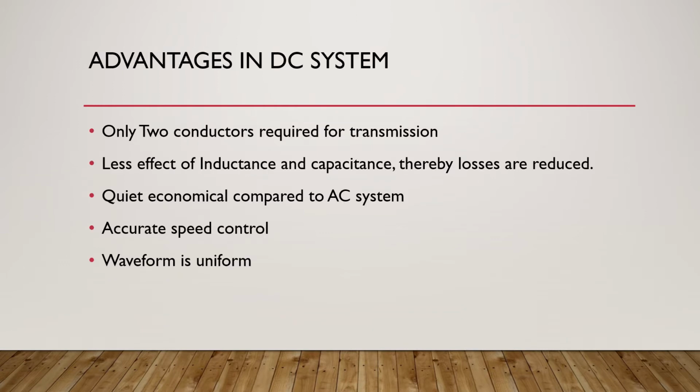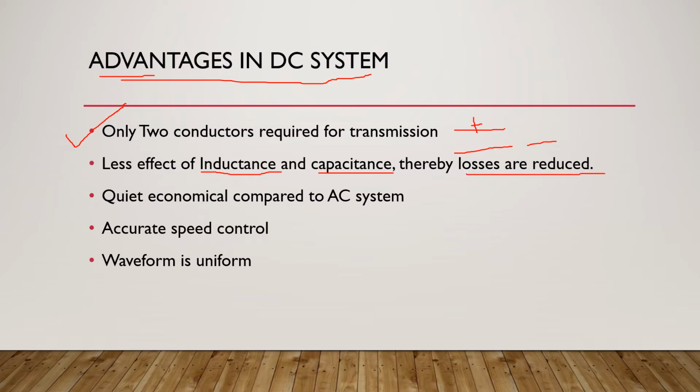So first, let us begin with the advantages of a DC system. What are the advantages? The first one, as everyone generally knows, is that only two conductors are required for transmission. One is for positive, and the other is for negative, right? And as you are using the DC system, you don't have the effect of inductance and capacitance, thereby the losses are reduced.